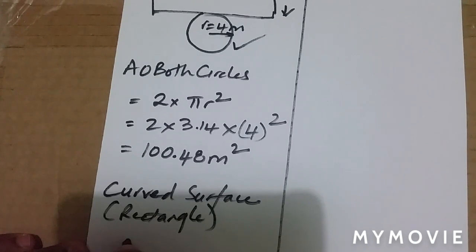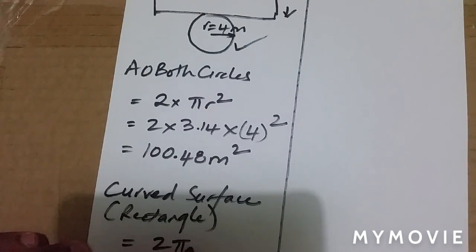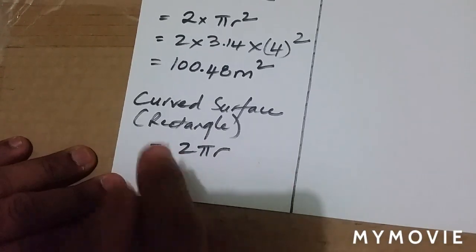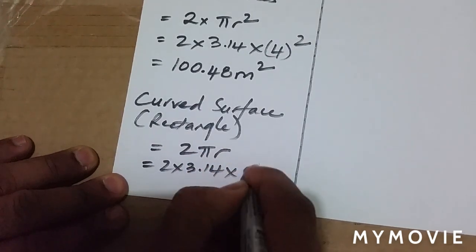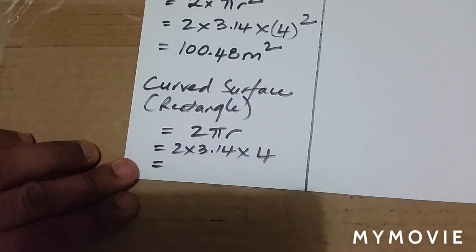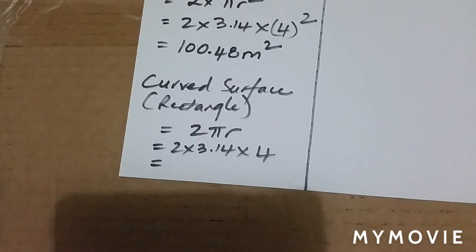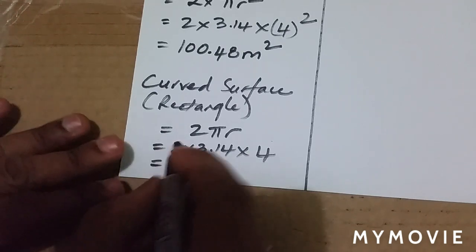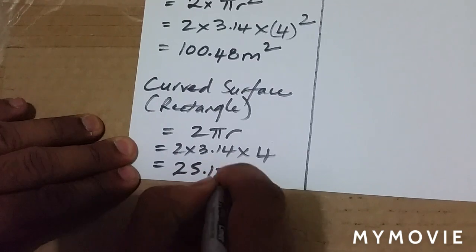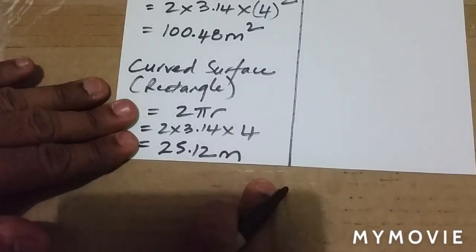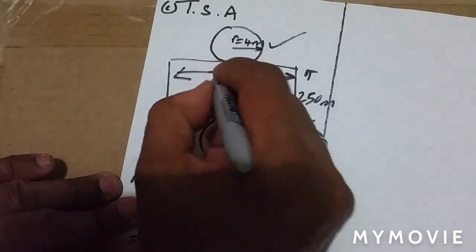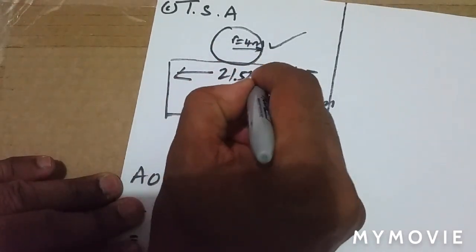The circumference of a circle is 2 pi r, and it is simply 2 times 3.14 times the radius, and that's 25.12. So this is 25.12 meters, and that would be this distance here, 21.52 meters.